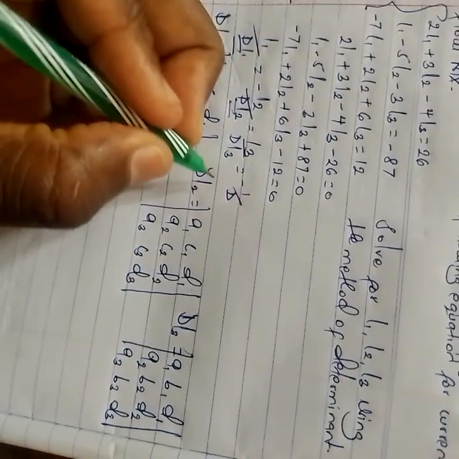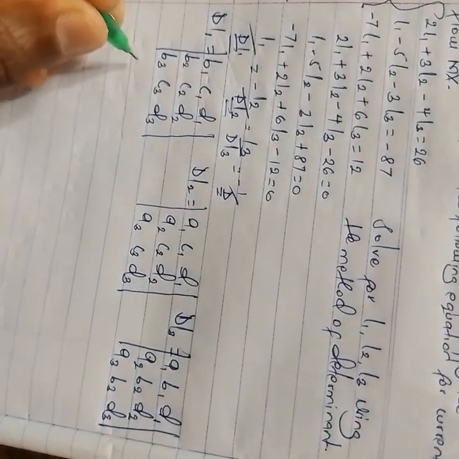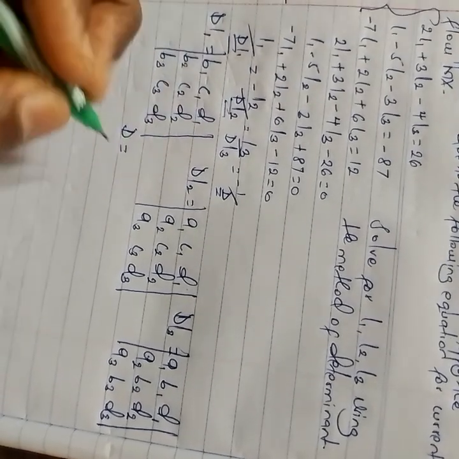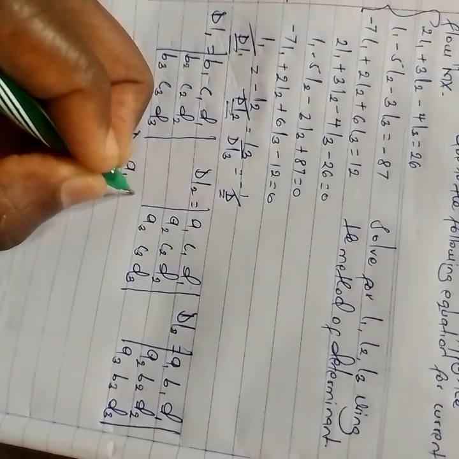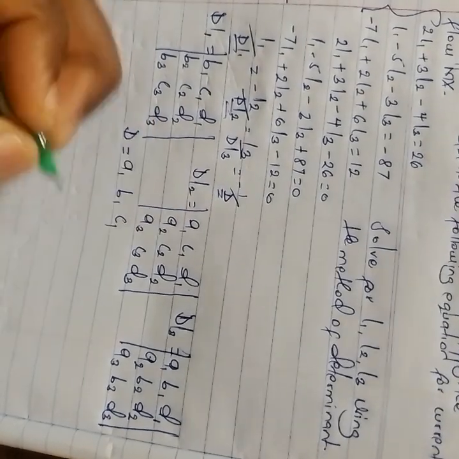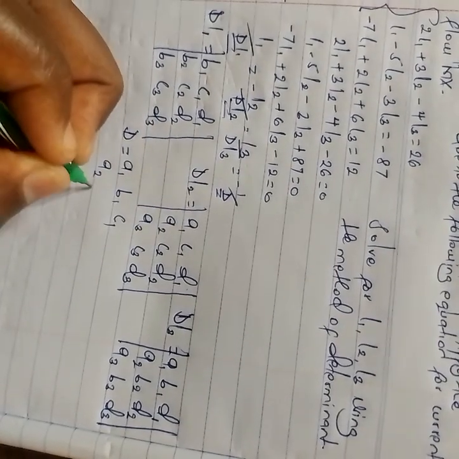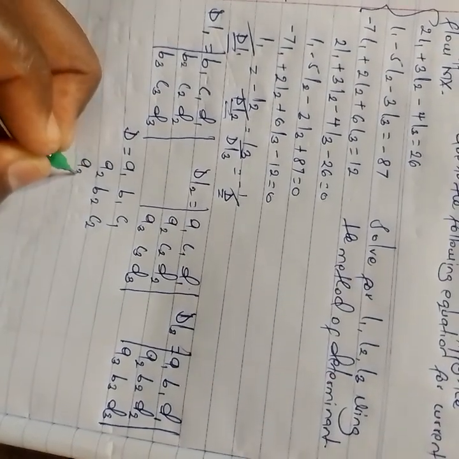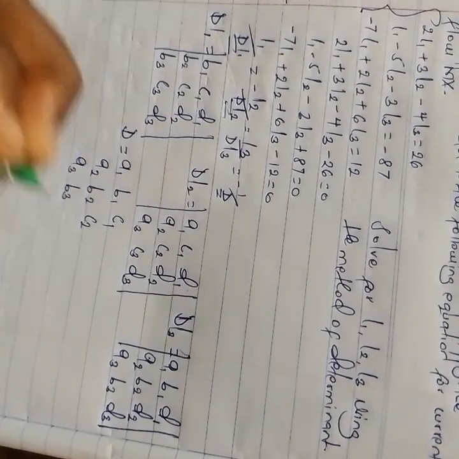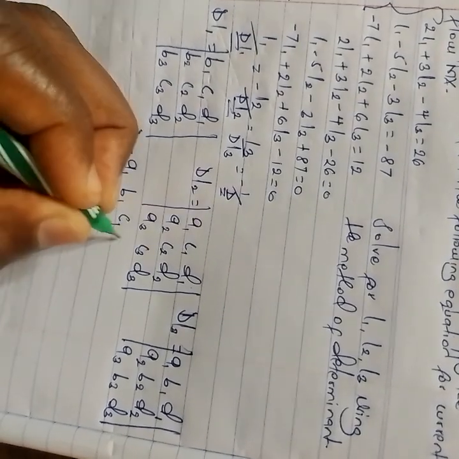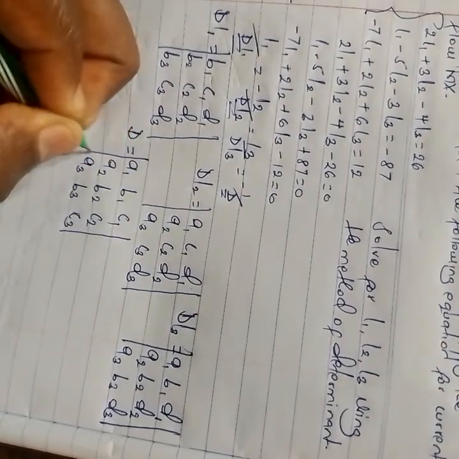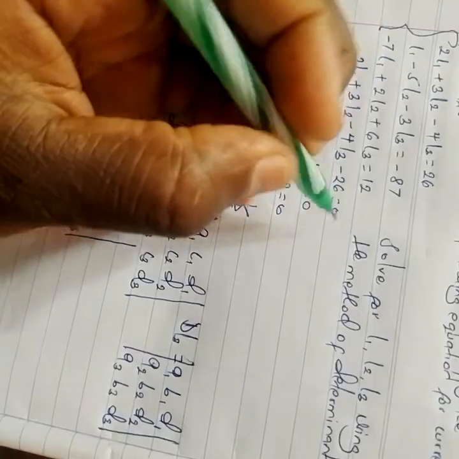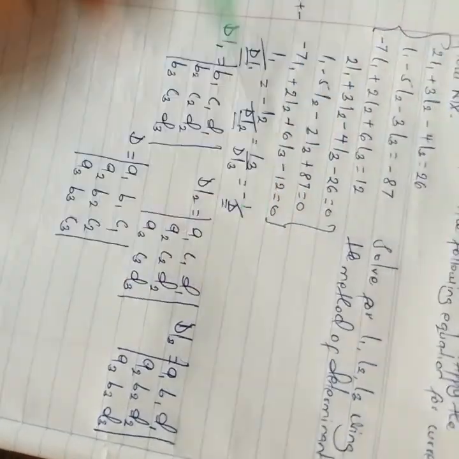And now we move to the last one, that's D. D itself, that's A1 B1 C1, A2 B2 C2, A3 B3 C3. So we want to place it according to this. This is our formula here now.